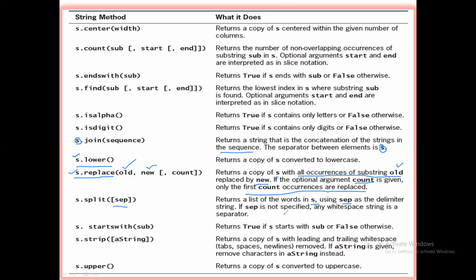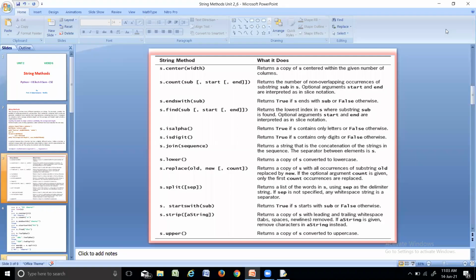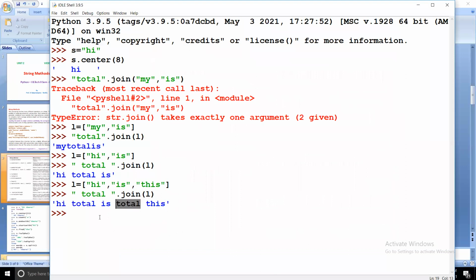And if separator is not specified, it considers the default white space as a separator. This is also a very important method you need to understand. The split method you should understand properly. I'll show you how this split works now. Divides the larger strings into set of words.